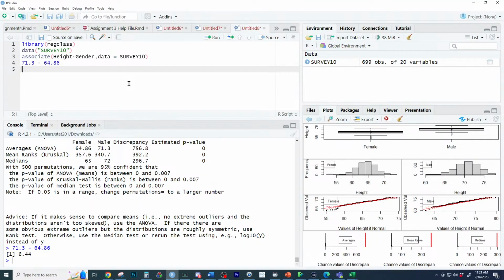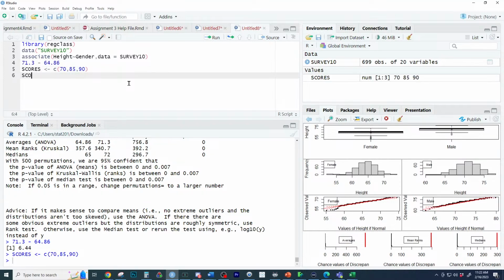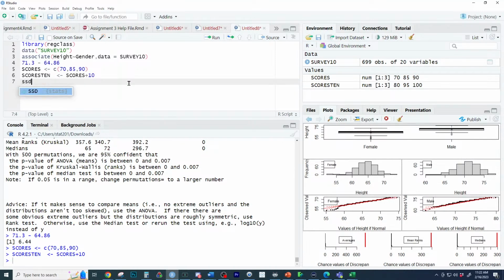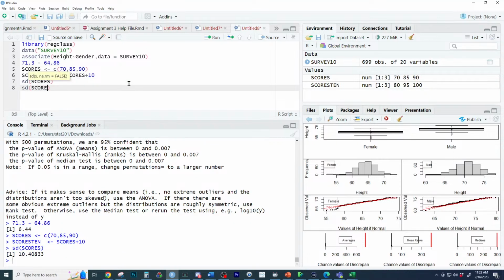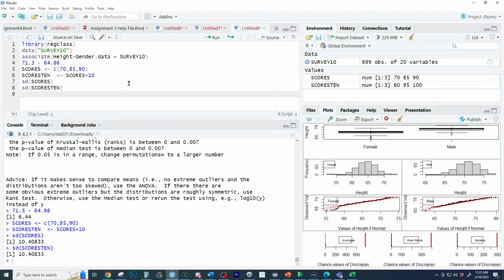Just go over here and go to scores, 70, 85, 90, and then scores plus 10. Go to standard deviation of scores, and standard deviation of scores plus 10, and they are the same. So there's ways to check it mathematically, and we could do the IQR also.